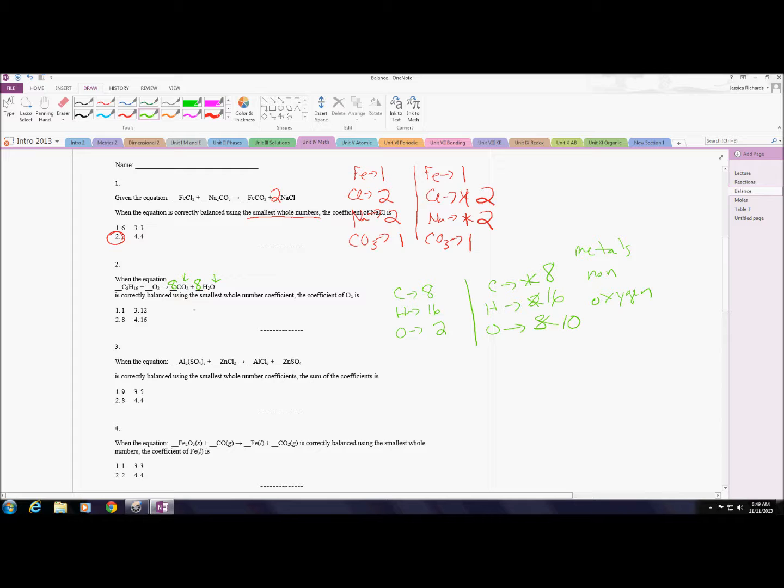So 8 times 2 is 16, plus 8 is going to give me 24. So notice that I didn't multiply this 10 by 8. I had to actually add up the oxygens over here, so I have 24 oxygens. Carbons are balanced, hydrogens are balanced. To get 24 oxygens here, that's going to have to be a 12. Definitely a more difficult equation to balance.